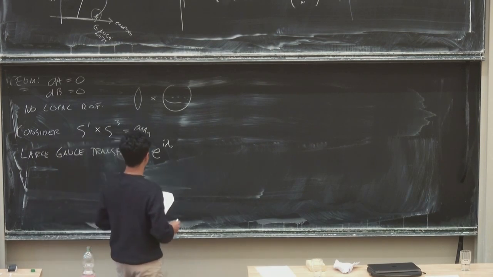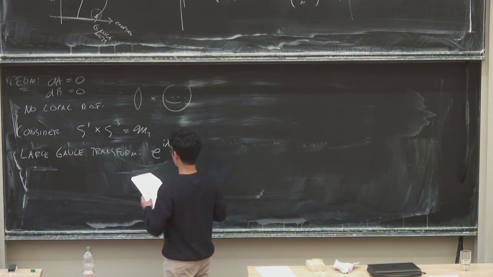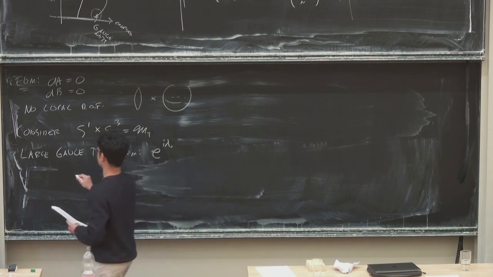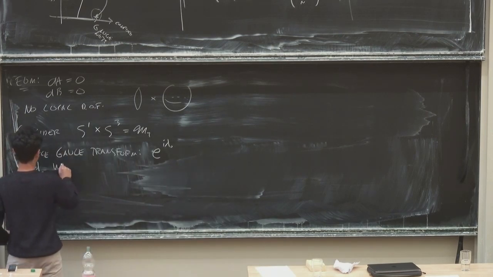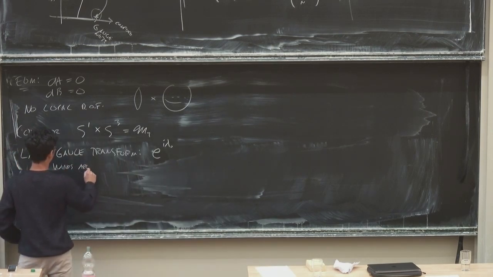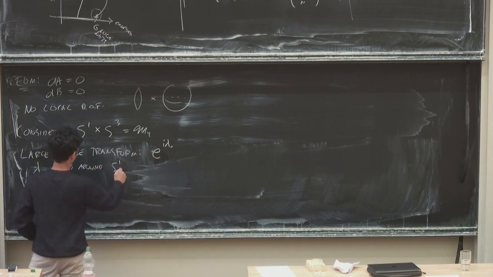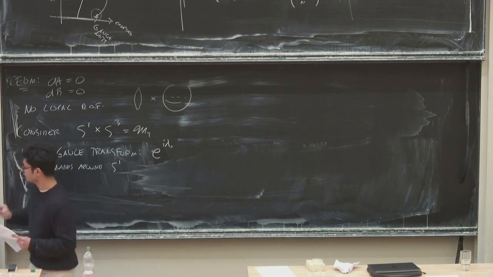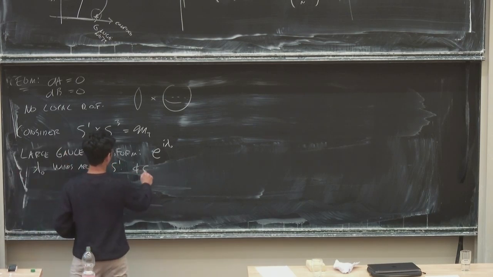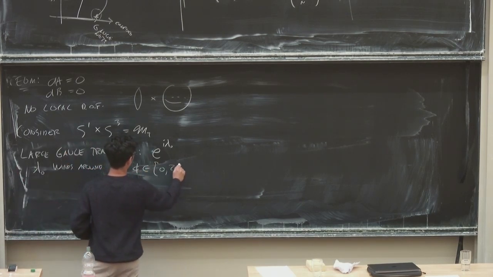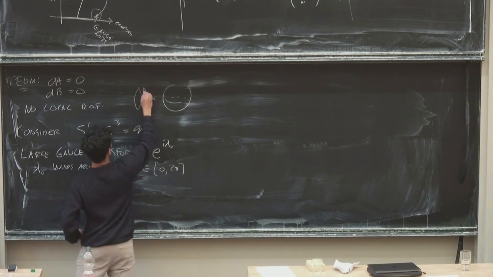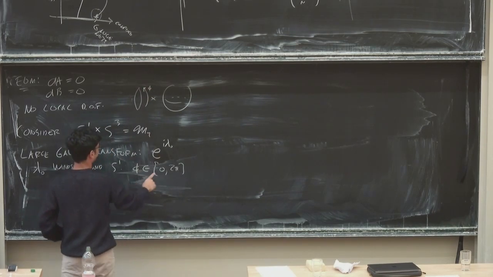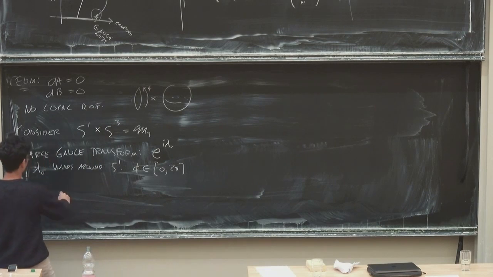Again, the naught just means that it's a zero-form, where lambda winds around the circle. So lambda naught winds around S1. In particular, if the S1 coordinate phi runs from 0 to 2 pi, here phi goes around the S1, I'm going to consider the gauge transformation where lambda naught equals phi.